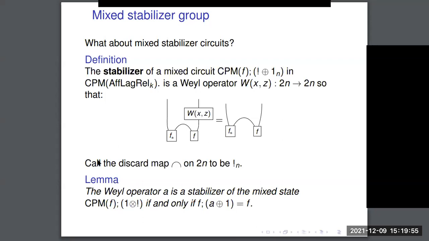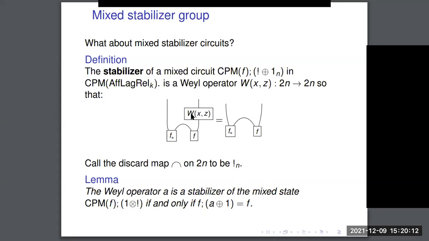If you have a stabilizer of some mixed state, then you get a stabilizer of a pure state by taking the part that's being traced out and just making this 1.